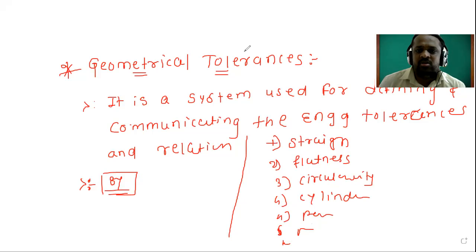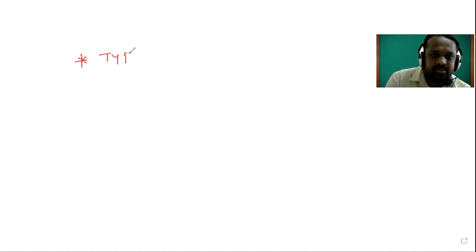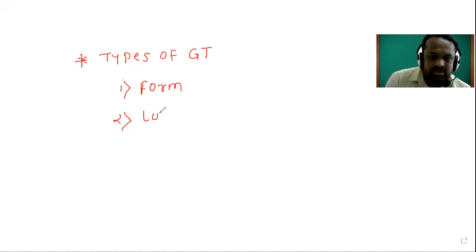Again, the geometrical tolerances are classified into the following types. What are the types of geometrical tolerances? The first type is form. Second is location.